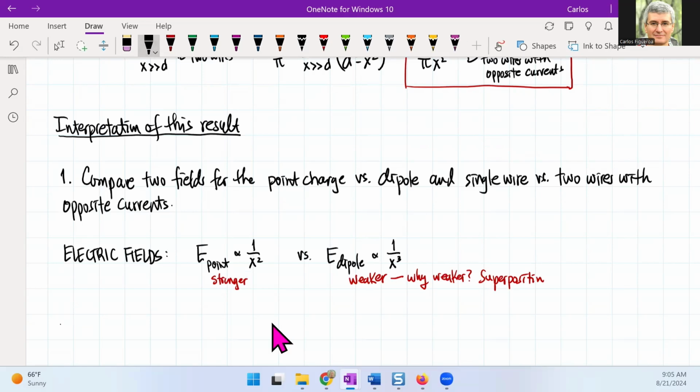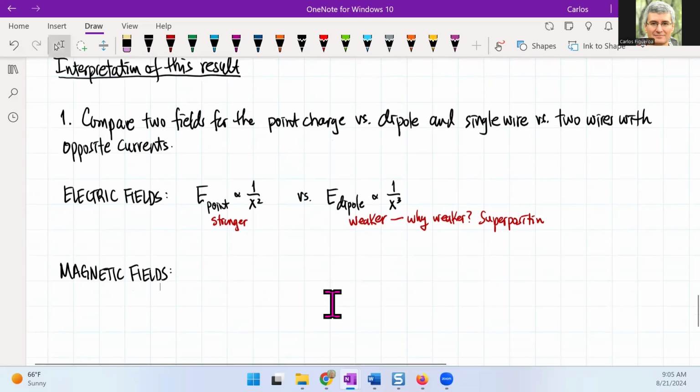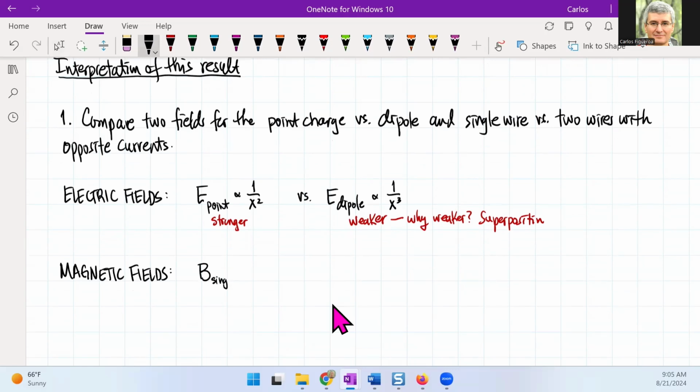Now, if I look at magnetic fields, what do we find? We find that the magnetic field of a single wire was proportional to 1 over x, versus the magnetic field of two wires. Of course, these wires have opposite currents. And you could see here that this is proportional to 1 over x squared.